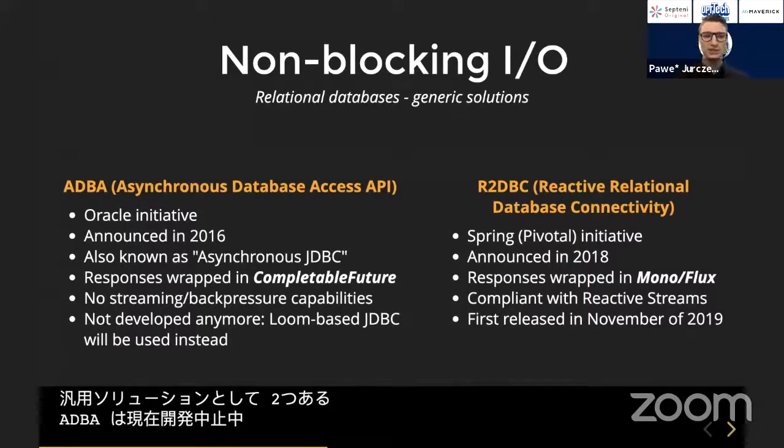It was an initiative by Oracle, which was supposed to be an extension to JDBC that would provide some asynchronous capabilities to JDBC. The API was supposed to be organized around Java's CompletableFuture, and it wasn't supposed to support streaming, back pressure, and all of that.